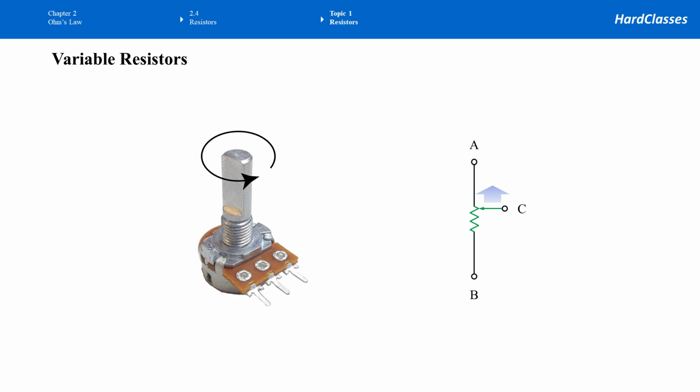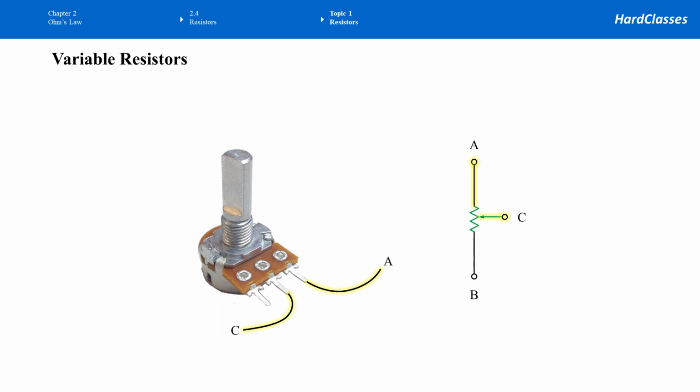If we spin the rod of the potentiometer to the other side, we are moving terminal C downward, so only a small portion of that green zigzag is used, so only a small resistance is used. This is how we change the resistance.